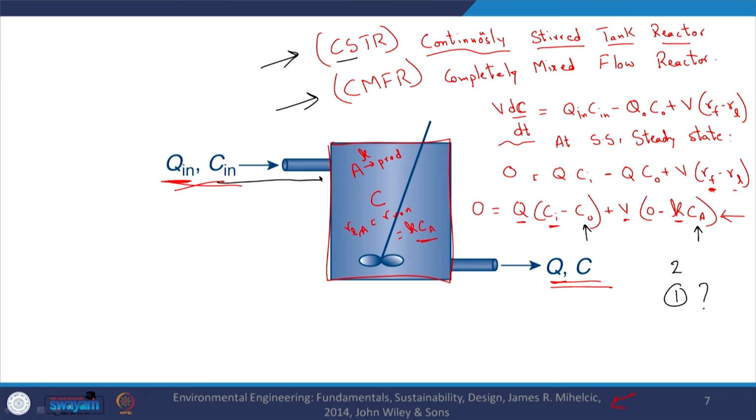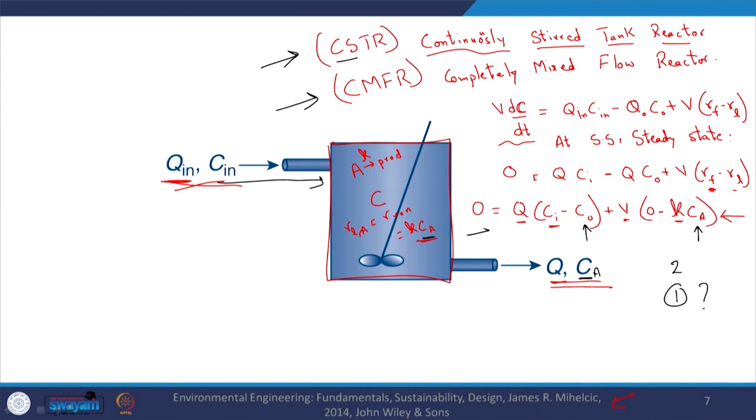Once the compound comes in, it is immediately diluted to a particular concentration C. And if the concentration is the same throughout the reactor, that means the concentration of the compound going out of the reactor is also going to be equal to the concentration of the compound inside the reactor. Why is that? Because if it is completely mixed and the flow is going from the reactor to outside, the concentration of the compound leaving the reactor will be the same as the concentration of the compound within the reactor.